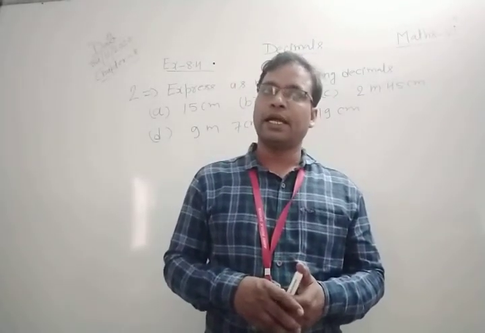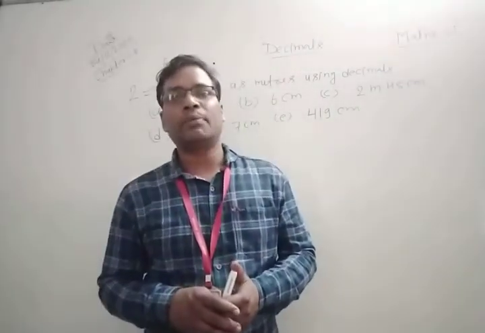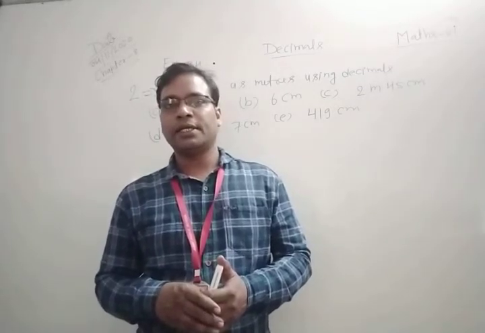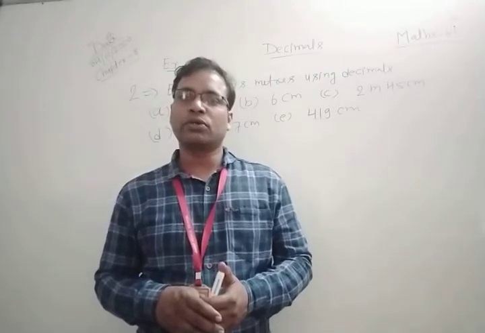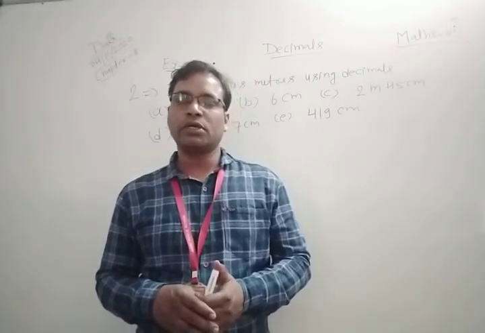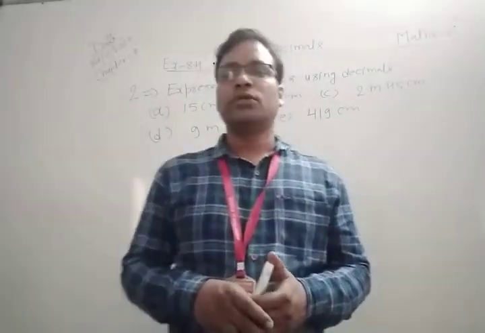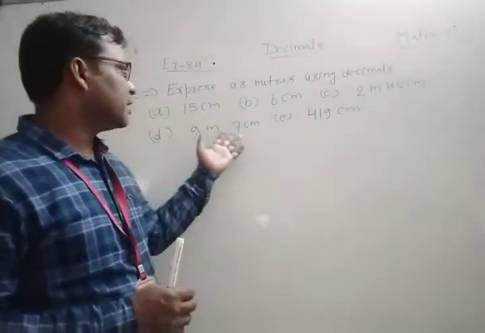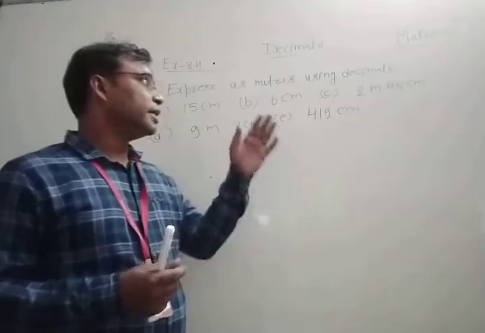Also, 1 centimeter is equal to 1 upon 100 meters, or in decimal form, 1 centimeter is equal to 0.01 meter. So let's see how we express the given centimeters in meters using decimal.